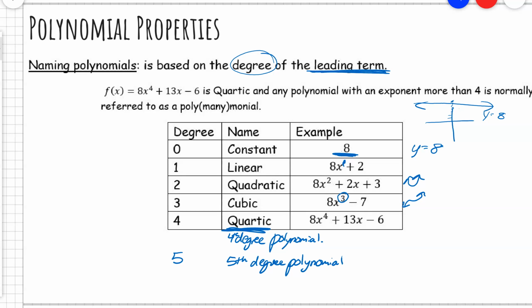Quartic would be to the fourth degree. This is going to look a little different depending upon what's going on. Let's go up. That could be positive or negative. And to the fifth degree, we would end up with just a fifth degree polynomial. So that's naming polynomials based off of their degree.